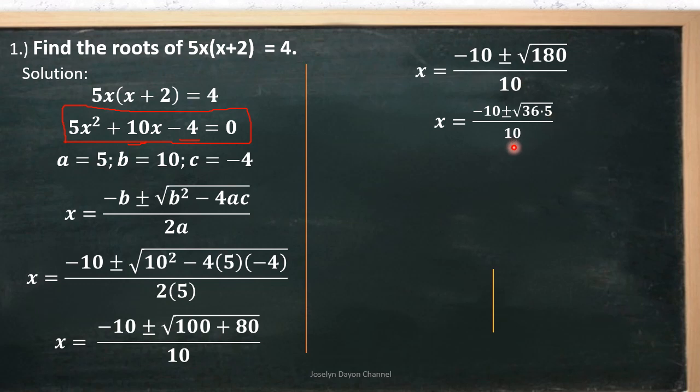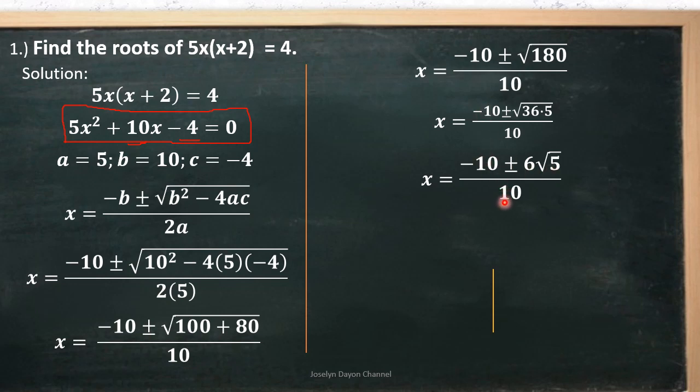And just bring down the denominator 10. Next, get the square root of 36. The square root of 36 is 6. And just write 5 inside the radical sign.